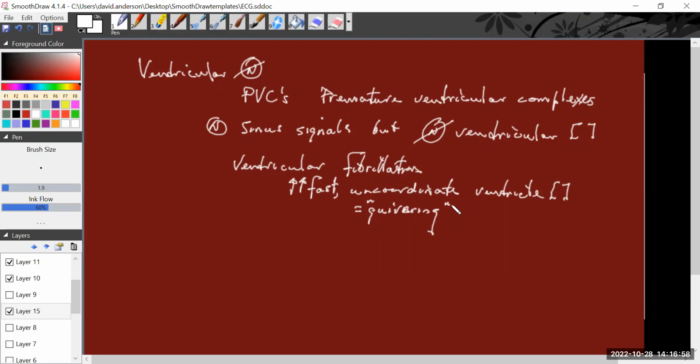And in the visual on this, there'll be typically no identifiable QRS complexes. Because to see a nice, clean QRS complex, we have to have that sequential contraction.